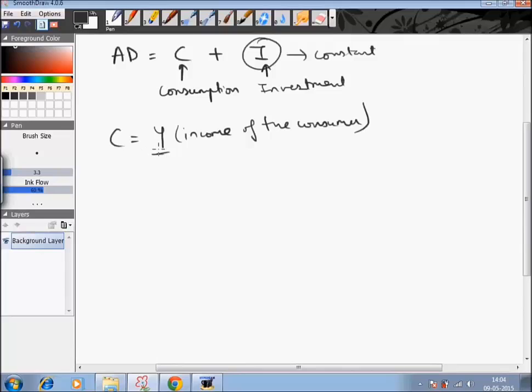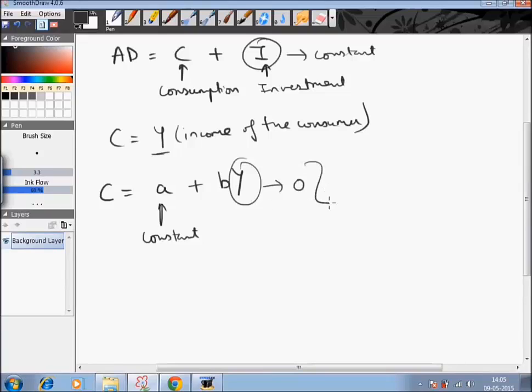Now to express this in the form of a function, we write it like this, that is C is equal to A plus BY. Now you must be wondering what is A? A here is a constant which will be equal to C when Y is 0. Got it?